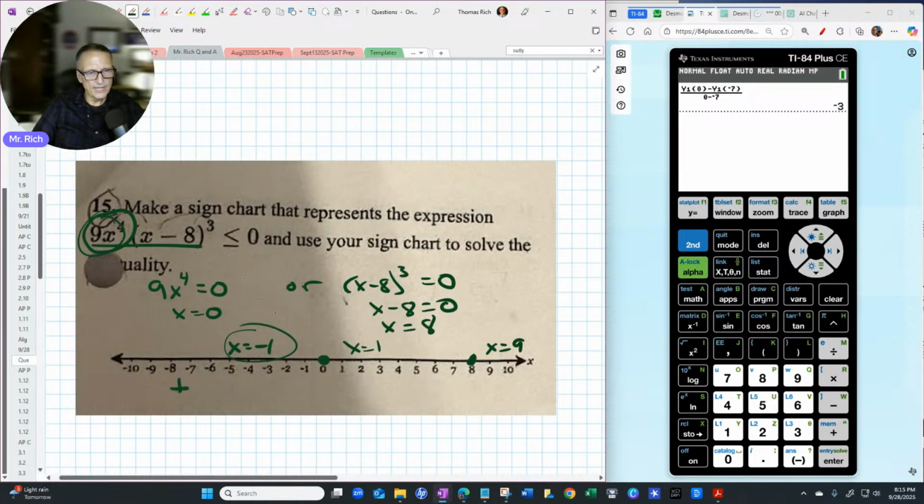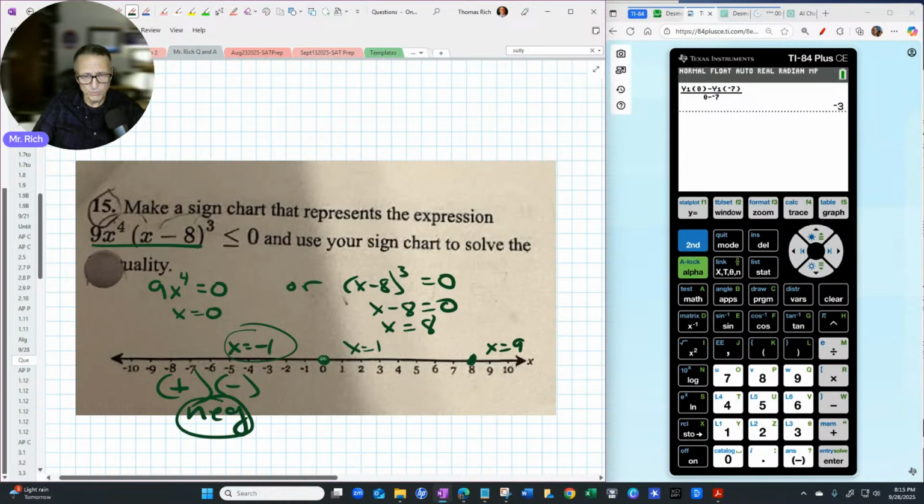And when I stick a -1 in here, it gives me a -9 raised to the third power, so it stays negative, because when I raise negative numbers to odd exponents, it stays negative. So when you stick a -1 in, it's a positive number times a negative number, which gives me a negative number. So that means this polynomial is below the x-axis, or negative, when you're to the left of 0.